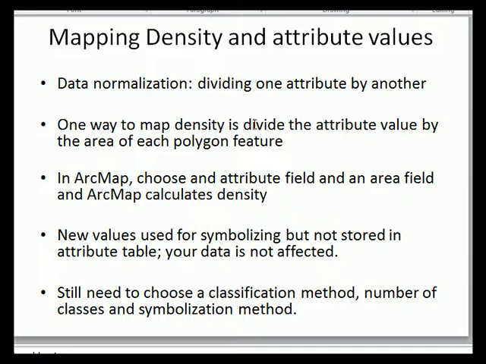New values are used for symbolizing, but they're not actually stored in the attribute table. So there's a technique for doing this without actually changing any of the data in your attribute table. After you do that, you still need to choose the classification method, the number of classes, and the symbolization method. And you'll see that in the exercise.